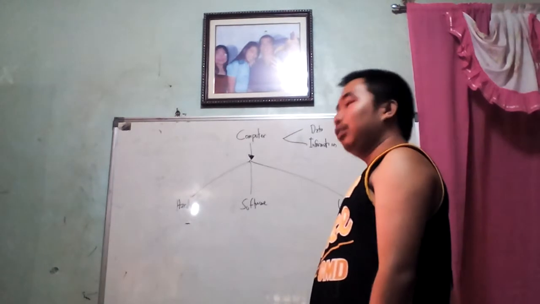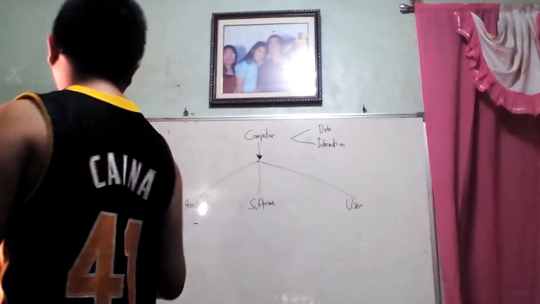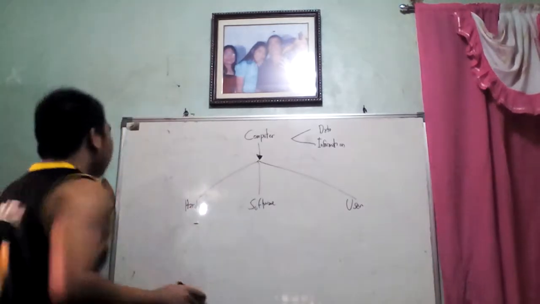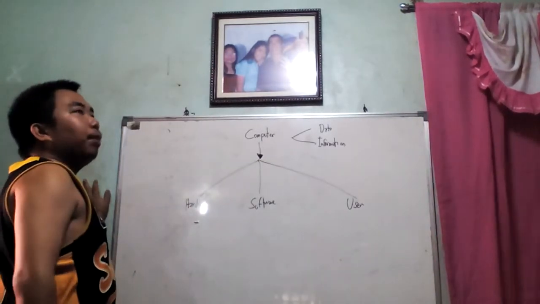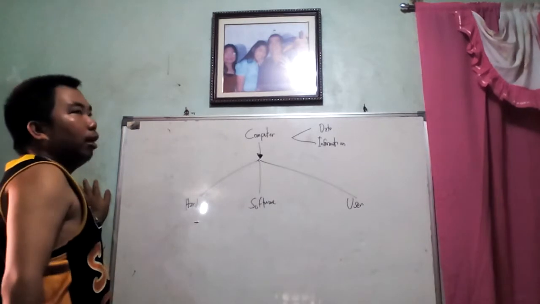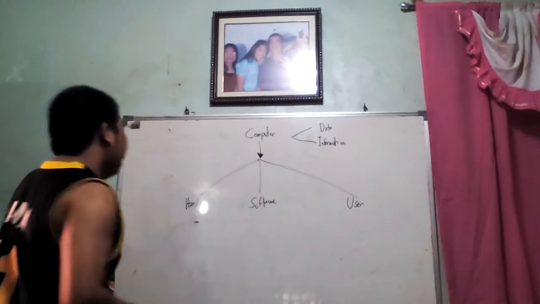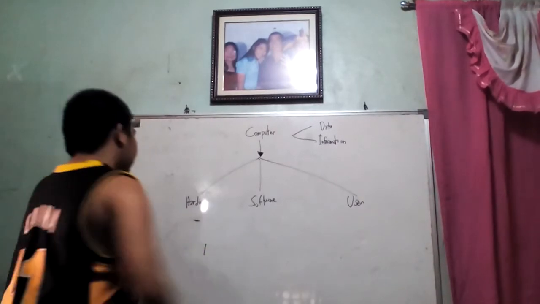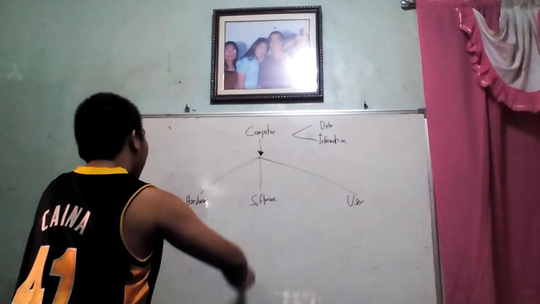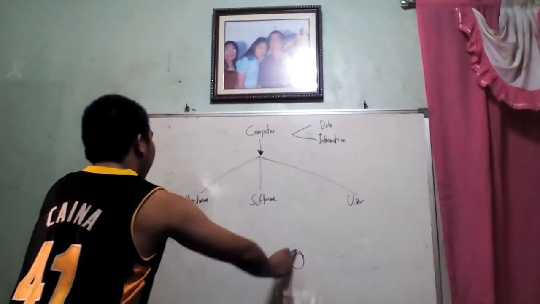Hardware is composed of four or five parts. Basically there are four, no? In a computer process, in an information system, you need this: this is input, this is the process, this is output.